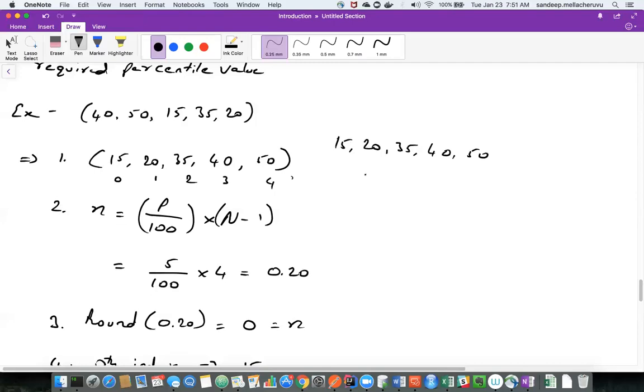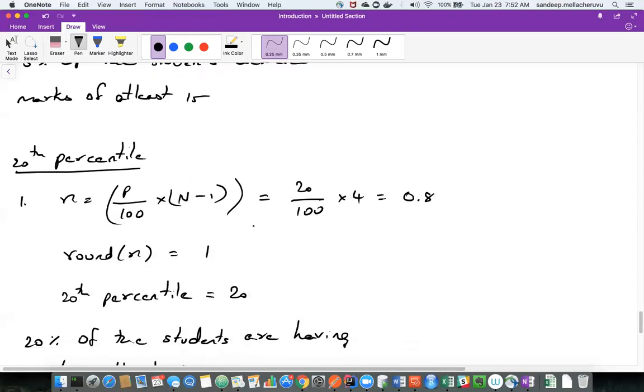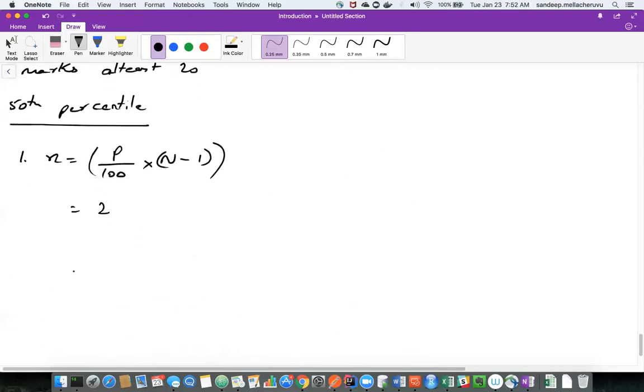So the 50th percentile will always be at the middle. So the 50th percentile is nothing but the median value. This one observation you should make. Is that clear?